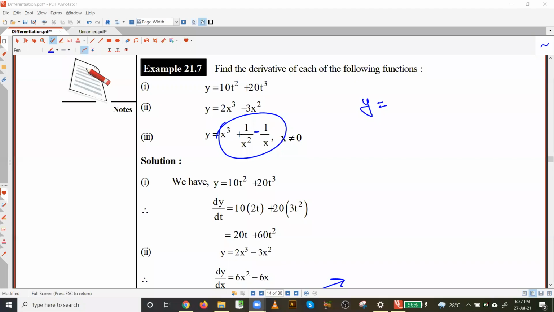Let me change my setting. Okay, is it visible now? Yes, sir.